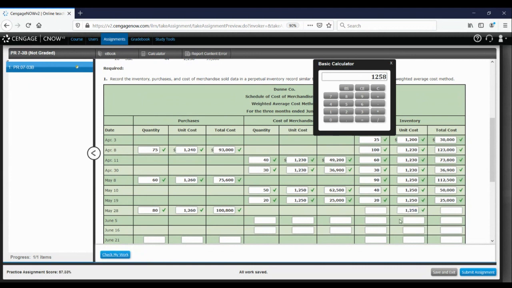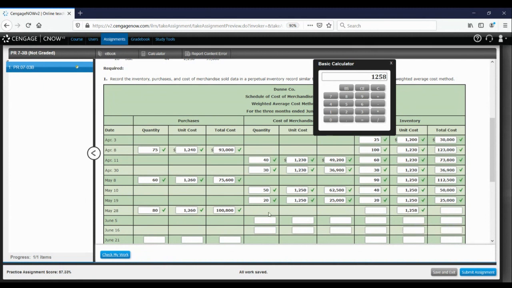Do you understand how I got that amount? You first of all add the total cost of your ending inventory plus the total cost of what you just purchased. Then you're going to divide that amount by the total units that you have on hand now, which are 100 units. That's how I got the weighted average cost per unit, 1258 right now.